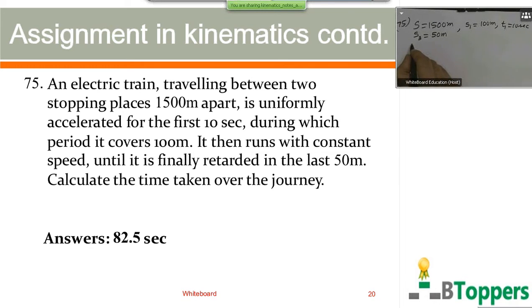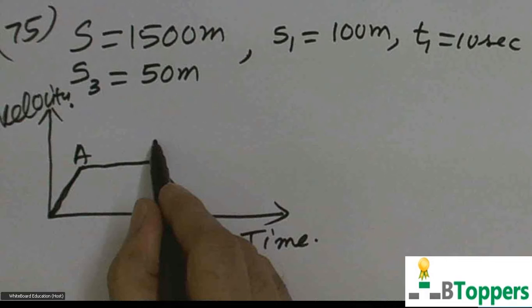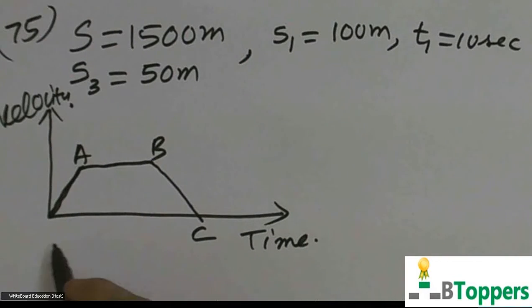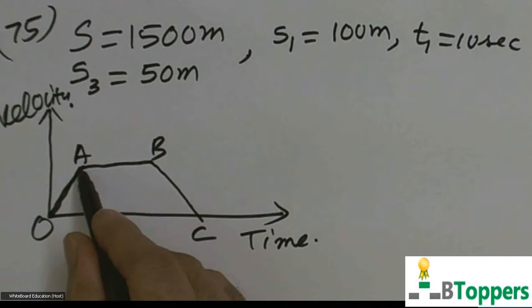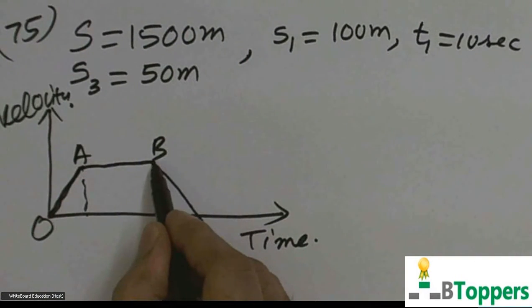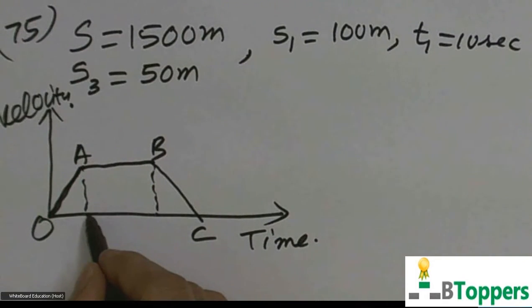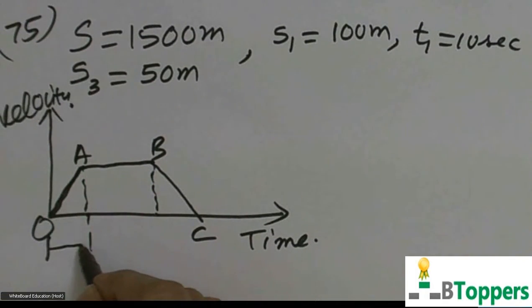So you can draw the same similar graph again here, the velocity time graph. So this is the velocity time graph. This problem also comes under the same special case 2, which I discussed in the earlier class.